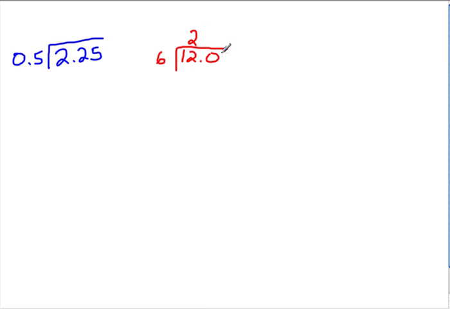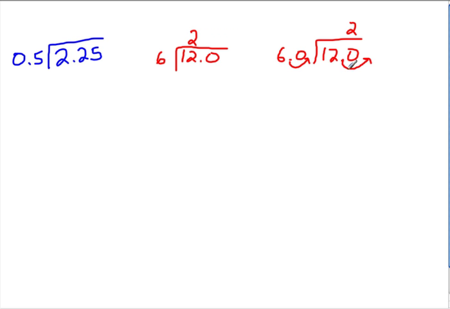Now let's say we were doing almost the same problem, but instead of 12.0 divided by 6, we're going to have 12.0 divided by 6.0, which we know is the same number as 6. And let's say I wanted to move this decimal over. If I also move this decimal over, you'll find that 60 goes into 120 2 times, just like the answer from over here. 120 divided by 60 is 2.